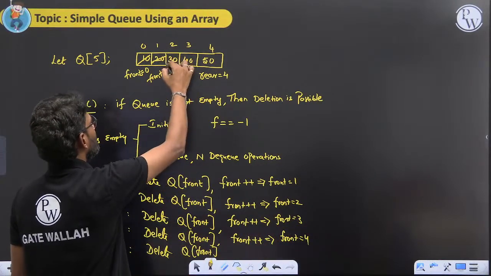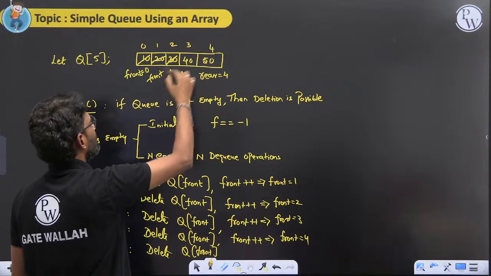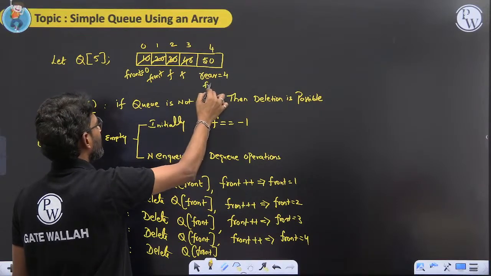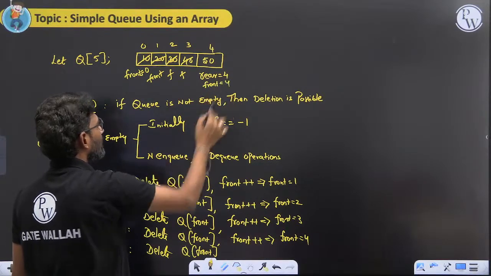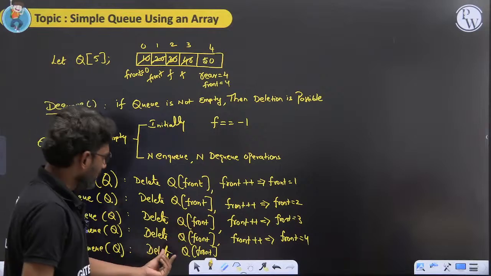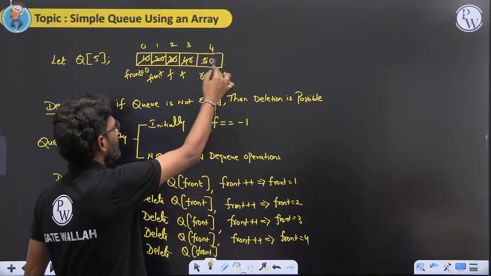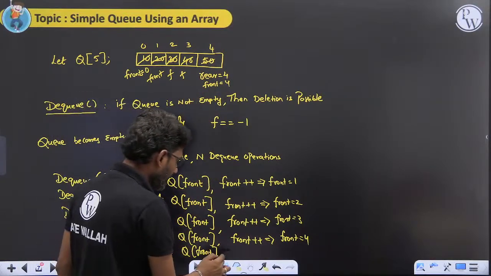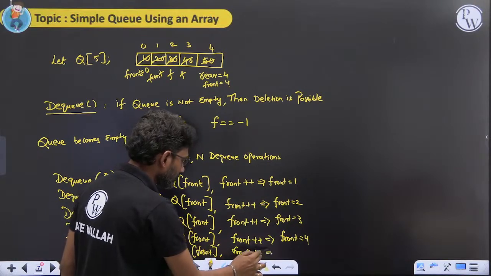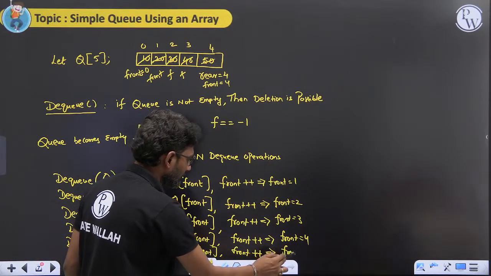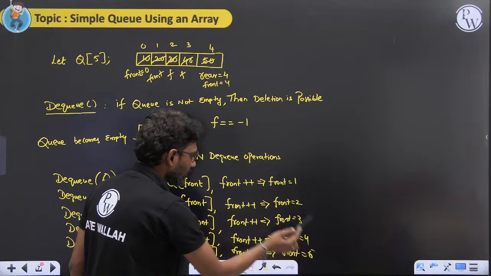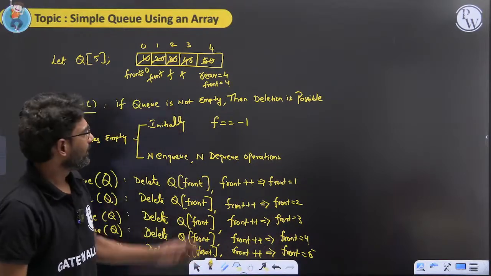So front deleted and front came here. Now, fifth deletion, delete queue of front. Delete 50 and front plus plus. So what happened?